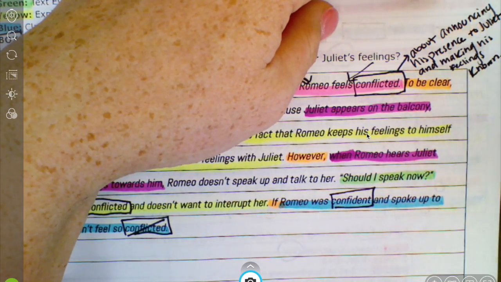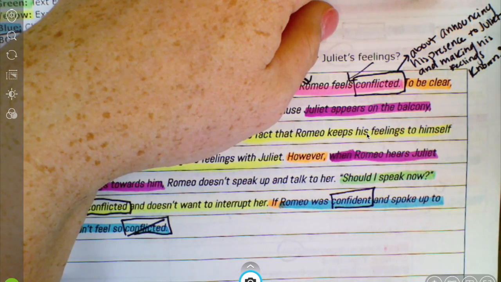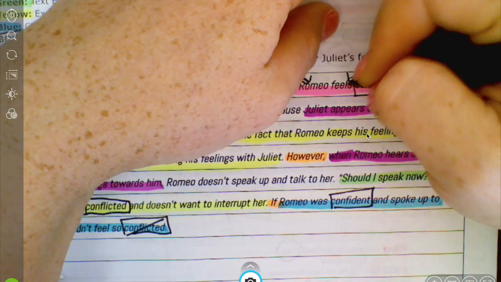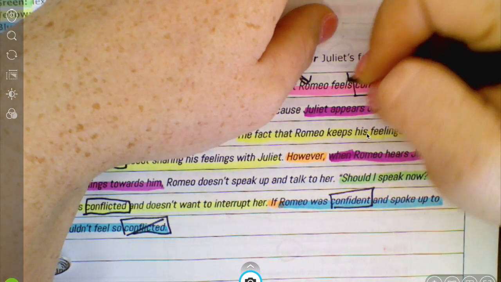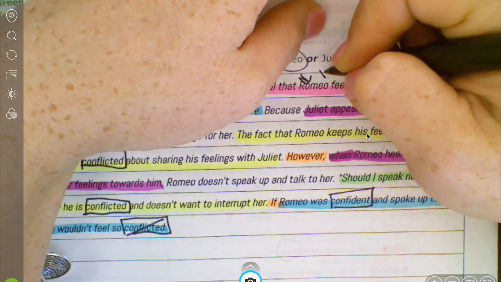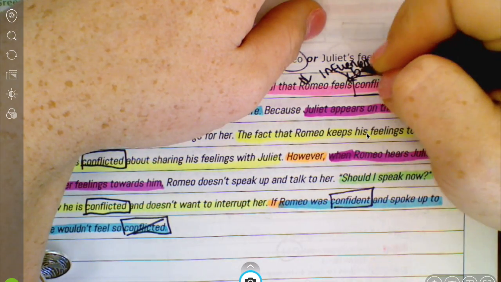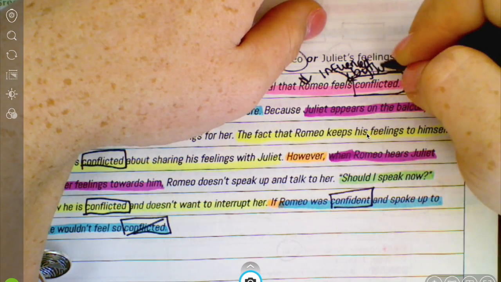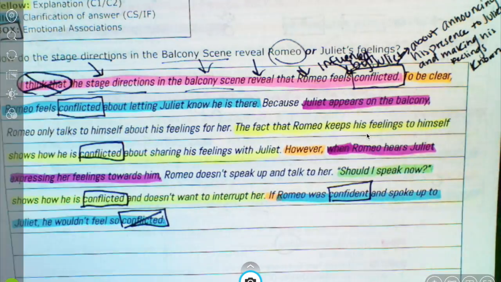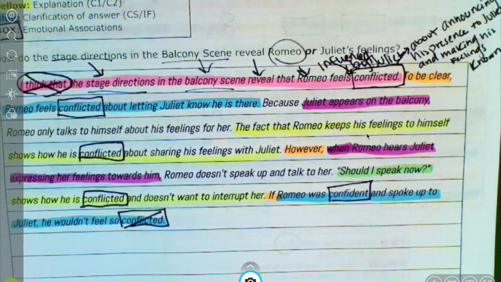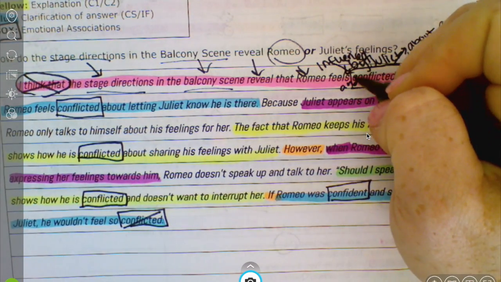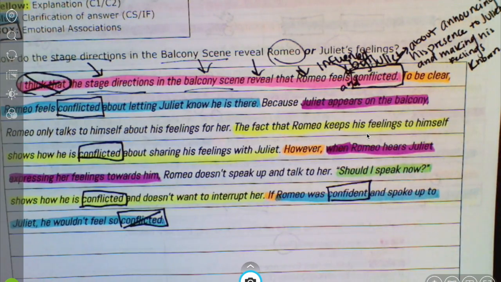We could add the word influenced here, by Juliet. So instead it says, the stage directions in the balcony scene reveal that Romeo feels influenced by Juliet and conflicted about announcing his presence to Juliet and making his feelings known.